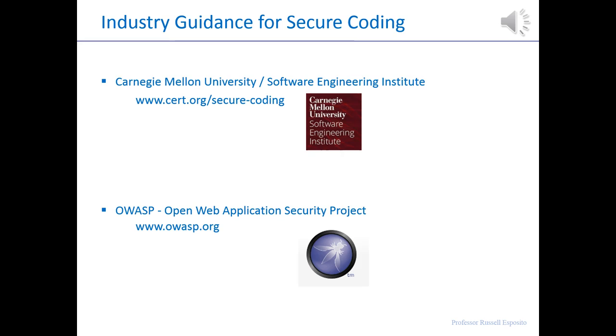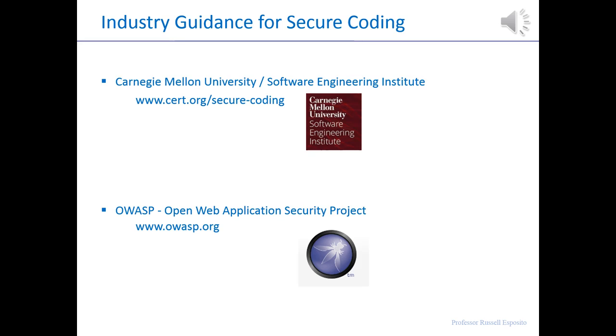OWASP is a nonprofit organization, stands for Open Web Application Security Project, and they have conferences and chapters you could join, local chapters in different parts of the country and different parts of the world, actually, to look at web applications specifically and how best to code them.